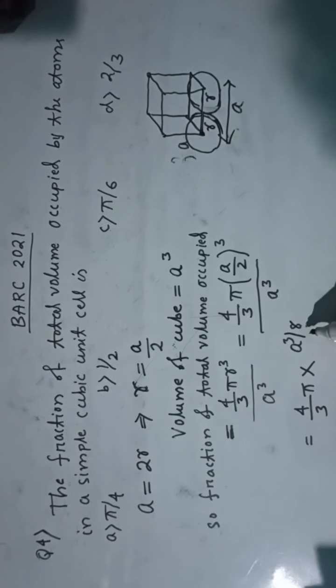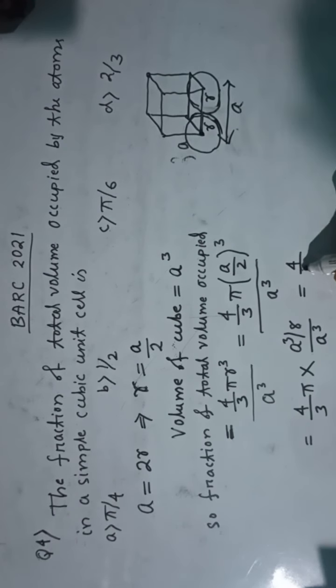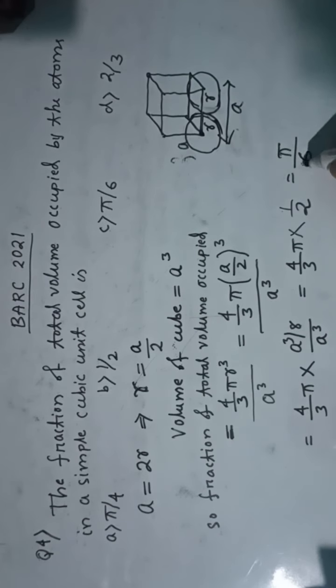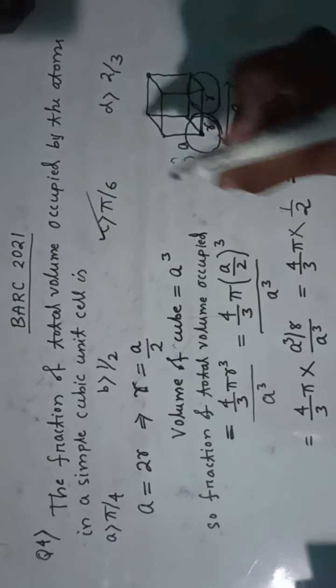Calculating this value, it will be 4/3 pi into 1/8, so 4 and 8 cancel to give 2, and this will be pi by 6. So our correct option is pi by 6.